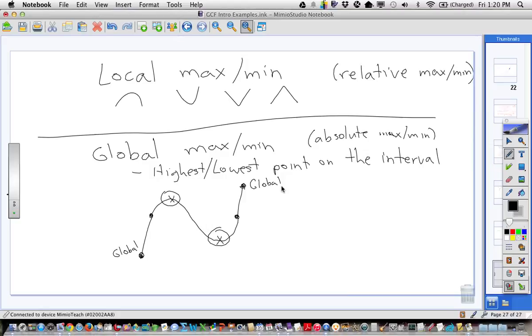Now this worksheet goes along with that document that I sent you earlier. So on your calculator, pull up that first derivative test document. It's called First Derivative Test.